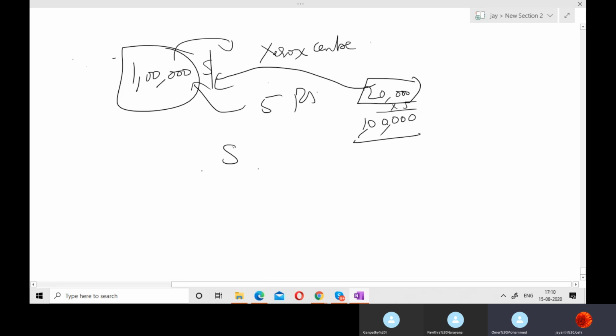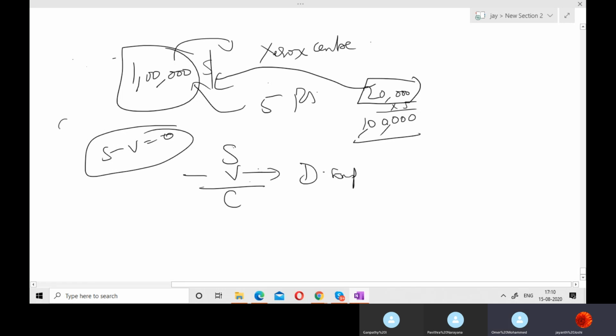Sales minus variable cost. Variable cost is of a direct nature, a direct expense. That gives you contribution. Suppose sales minus variable cost is 0, then definitely you will be at a loss.